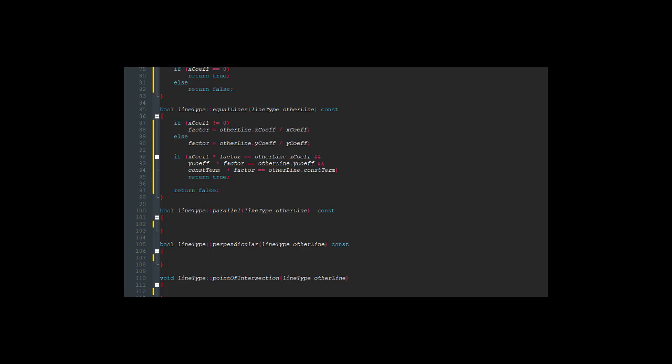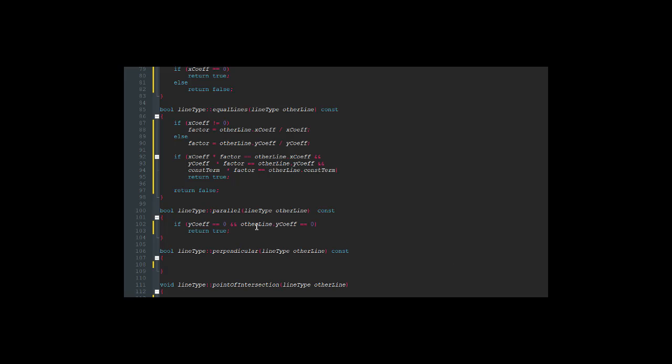So now the first way that we know that two lines are parallel is if both of their y coefficients are equal to each other. But another way to determine if they're parallel is if the x coefficient divided by the y coefficient is equal to the other line's x coefficient divided by the other line's y coefficient. So we can do something like this.